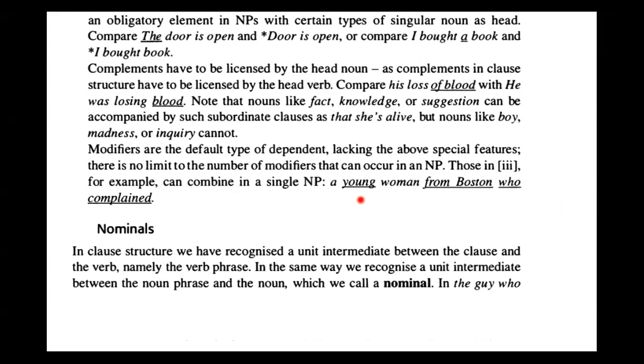Young is an adjective, which is its category, but we call it a modifier because it adds to or modifies the noun, giving me extra information. That's why we call it a modifier. So a young woman: young, the category is adjective, but its function is modifier.